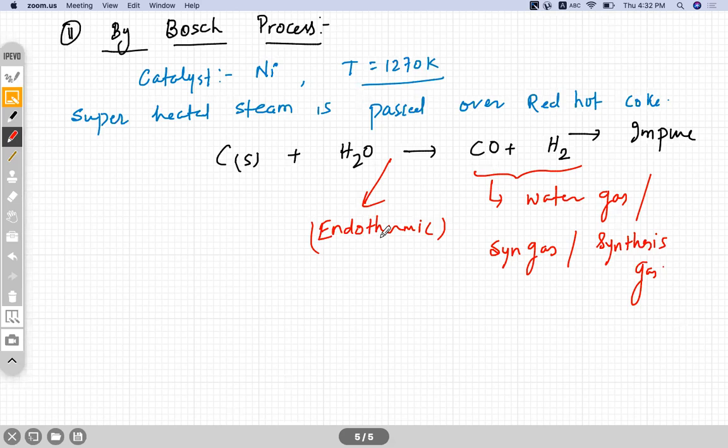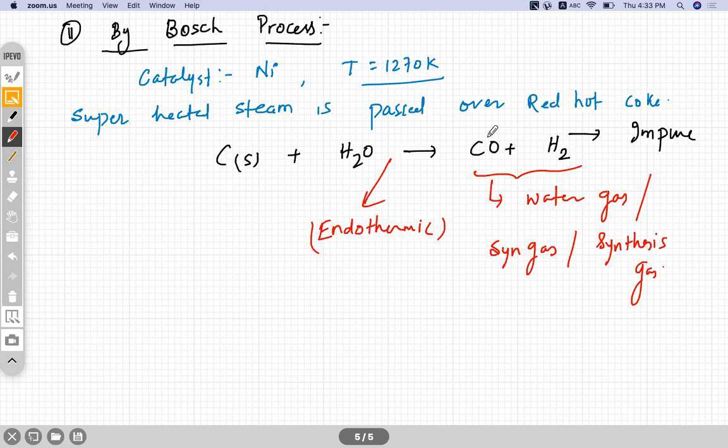Yes, understood. So since the hydrogen is impure over here and the impurity is carbon monoxide, we need to remove this impurity in order to get the pure hydrogen. To remove this impurity, carbon monoxide is oxidized into CO2.